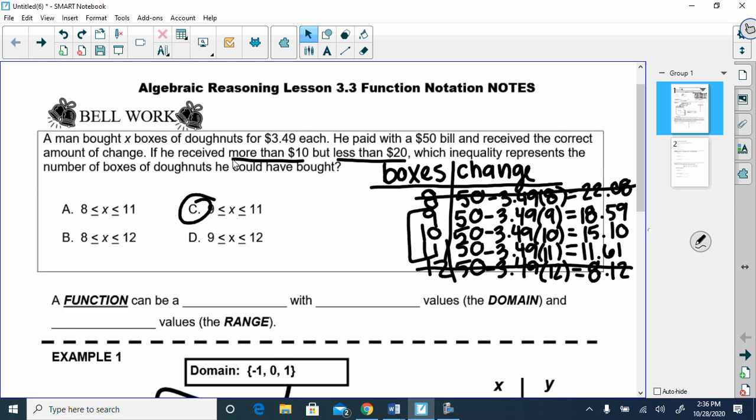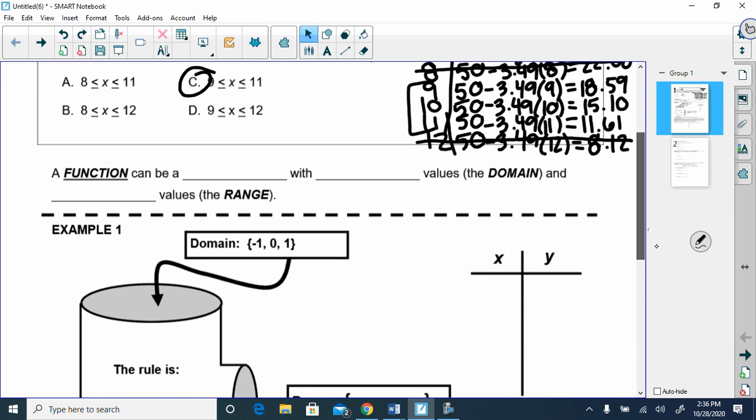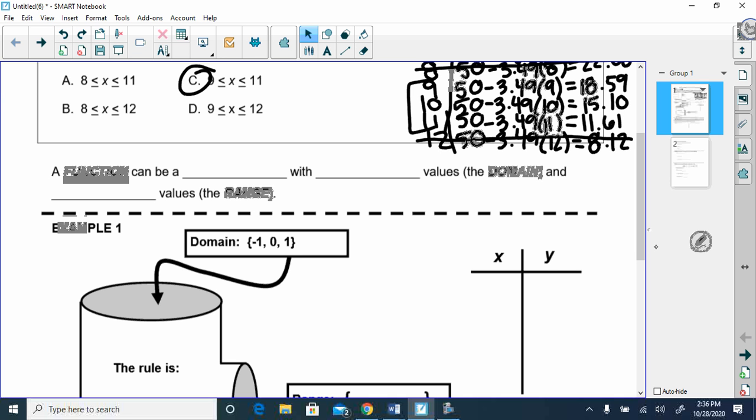Okay. All right. So now we are going to be talking about that input and output. So it says here, a function can be a rule with input values, which is going to be our domain, and our domain is our x's, right?